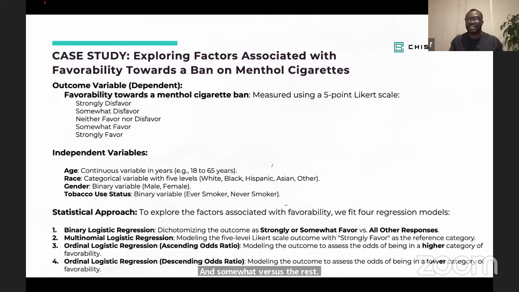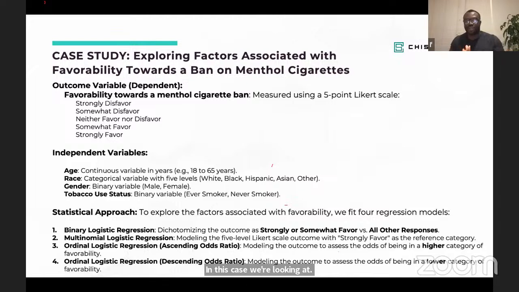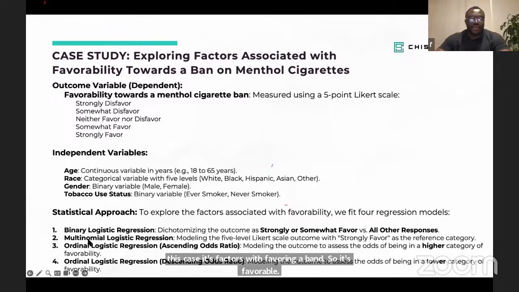So the point is that it's not a rule set in stone. It depends on how the research question is being framed. In this case, we're looking at factors associated with favoring a ban. But if we were looking at factors associated with opposing a ban, it would be opposed versus not opposed. In this case, it's favor versus not favor.